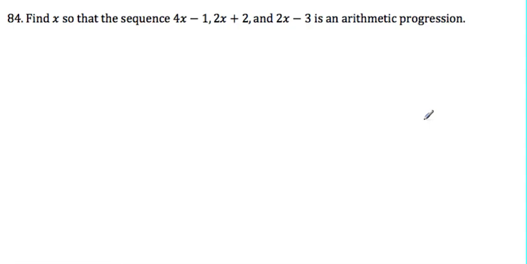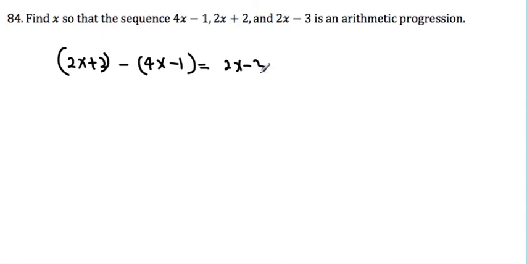Number 84. Find x so that these three are arithmetic progressions. Because it's an arithmetic progression, the difference between these two must be equal to the difference between these two. In other words, 2x plus 2 minus 4x minus 1 has to be equal to 2x minus 3 minus 2x plus 2.